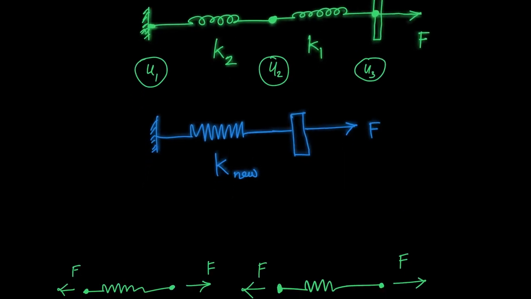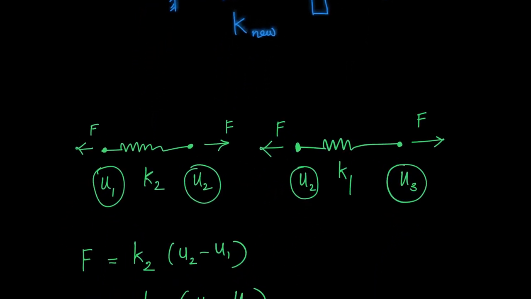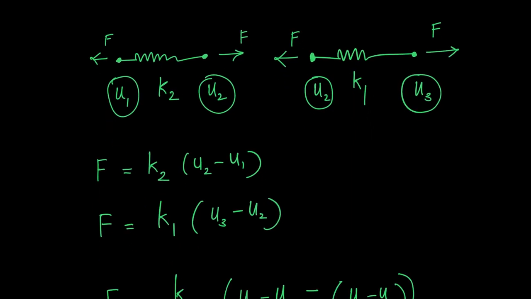Using that concept, here I'm drawing the free body diagram of the two springs individually. Here I have drawn the free body diagram of spring 2, and here the free body diagram of spring 1. Spring 1 has a net displacement of u3 minus u2, because this end is moving by an amount u3 and this end is moving by an amount u2.